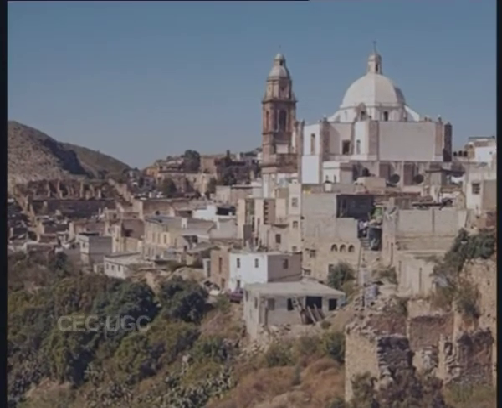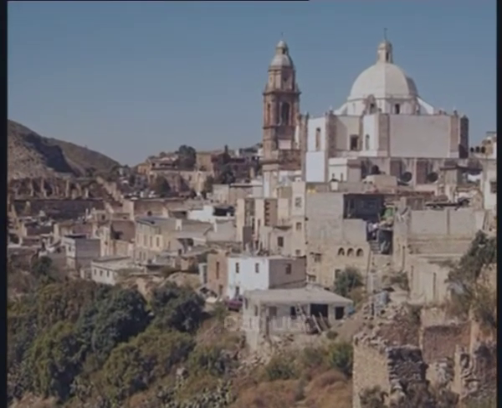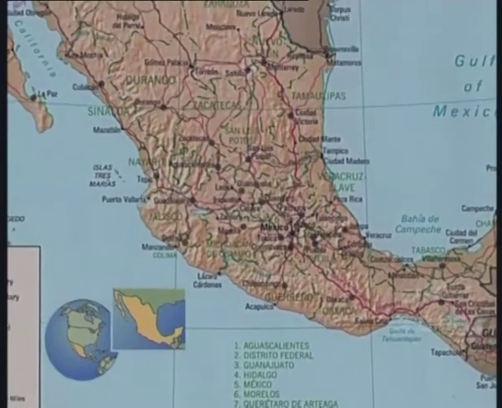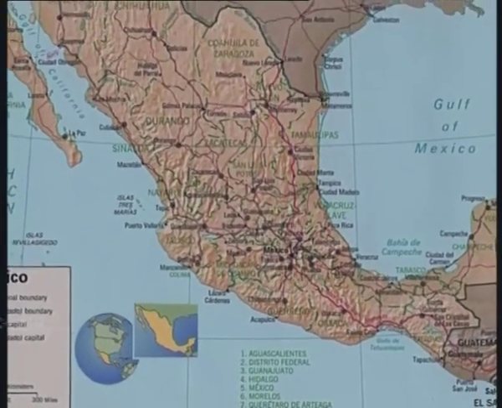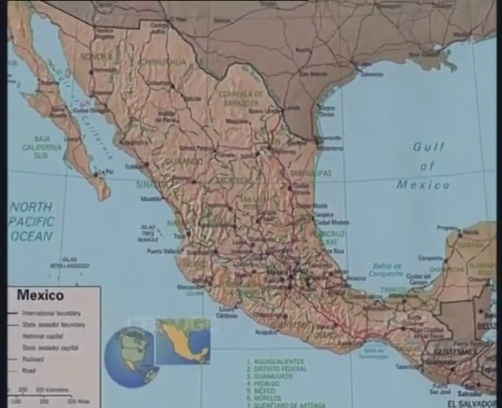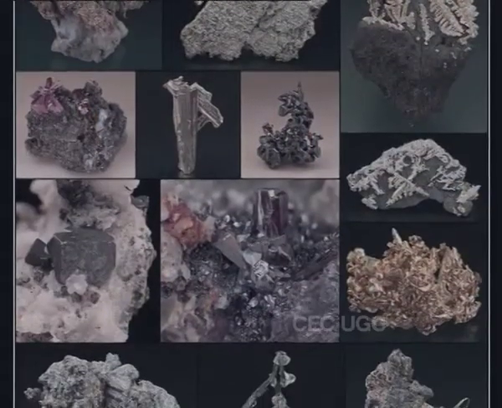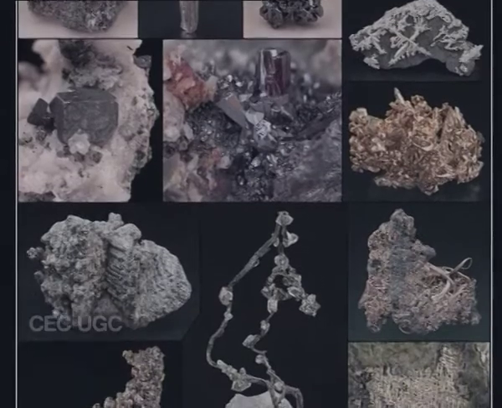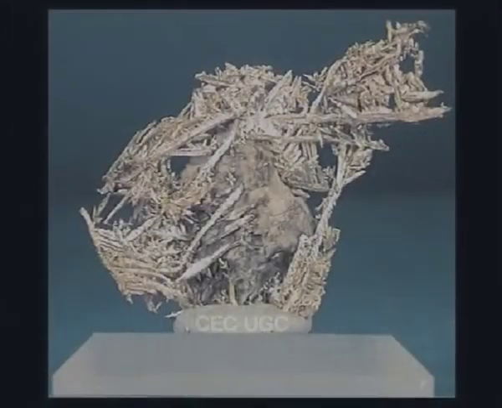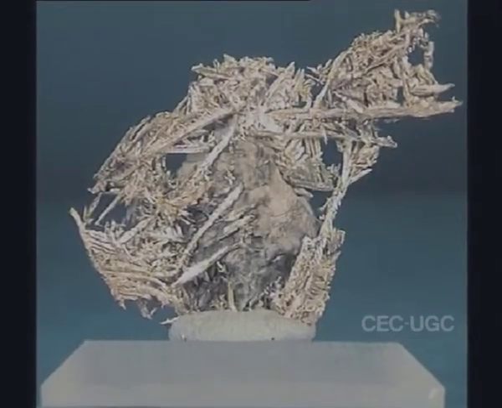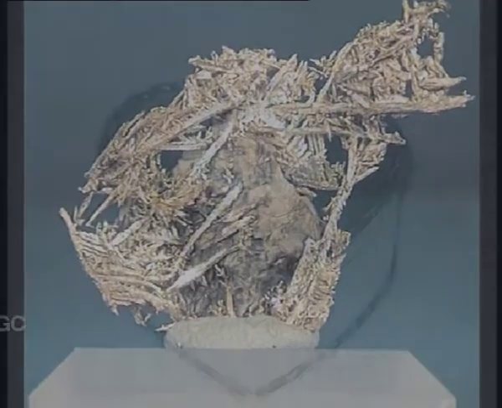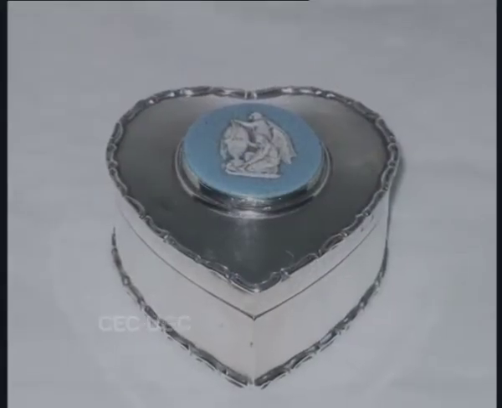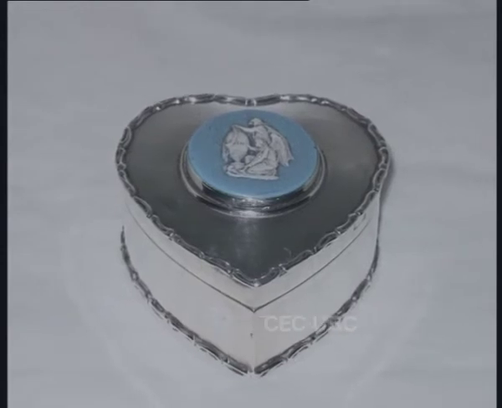There was a boom in the import of bullion after the discovery of the rich silver mines in Bolivia and Mexico, and new methods of extracting silver through the use of mercury were invented. During this period, some 18,000 tons of silver was added to Europe's monetary stock.